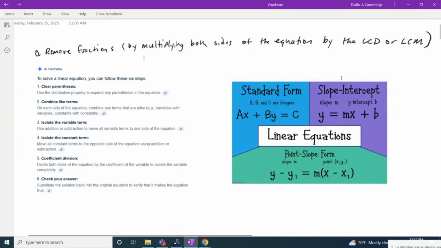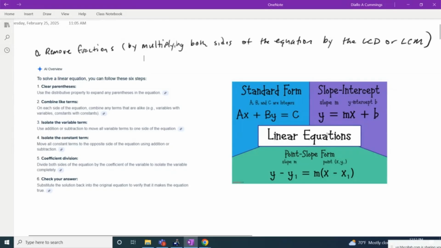Now, what makes a linear equation is the fact that no variables should be raised to anything other than the first power. So if you take a look at the slope-intercept form, y is equal to mx plus b, notice that the variable y is raised to the first power. The variable x is raised to the first power.